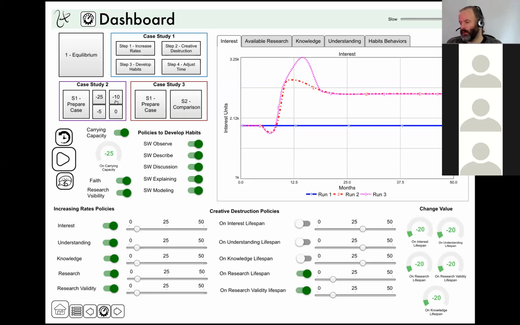And if we take out only 10%, then we will have this. If we take only 5%, then we have this. And if we take out nothing, then we got this.